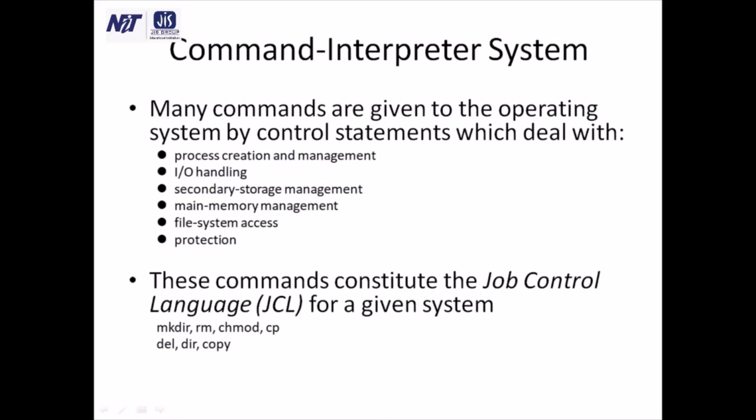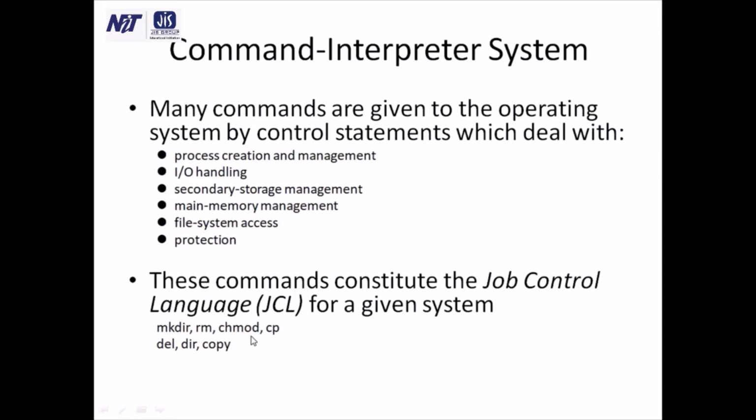Command interpreter system. Many commands are given to the operating system by control statements, which deal with process creation and management, IO handling, secondary storage management, memory management, and file management. This is known as a system call. The commands include job control, like mkdir, which is used to create a directory, rm to remove something, and chmod to change the mode or permission of a file or directory.